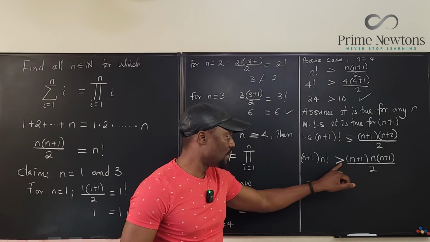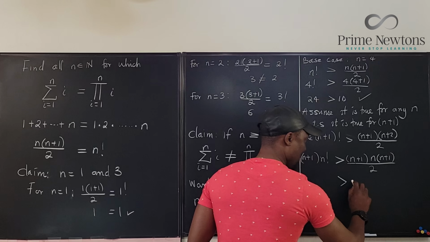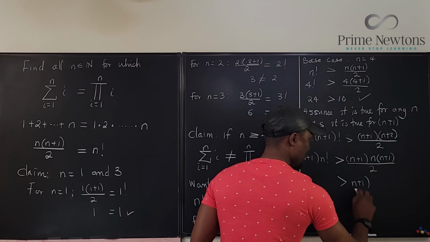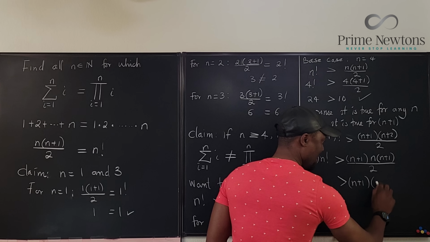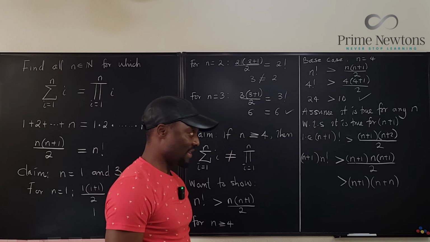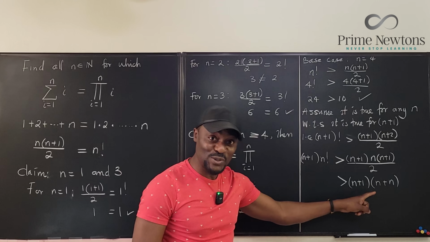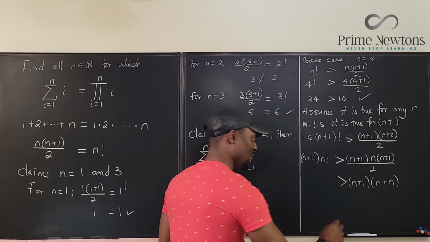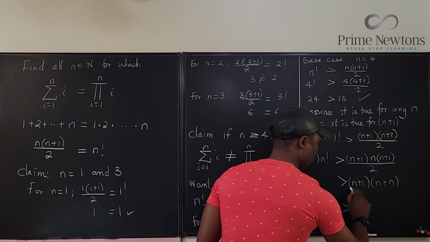So I'm going to say this is greater than n plus 1 times n plus n. Yes, because I've removed one of the n's in the square. And this, what you see, is still greater than n plus 2, which is greater than n plus 1, hey, over 2.